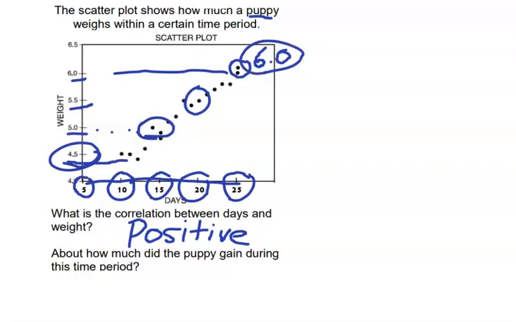So that's not too hard to do. 4.5 to 5.5 is just 1 pound. And then from 5.5 to 6 is another 0.5 pound. So how much did the puppy gain during this time period? 1.5 pounds. Okay, or you could put 1.5, whichever one you want to do. So there's the answer to both of those.